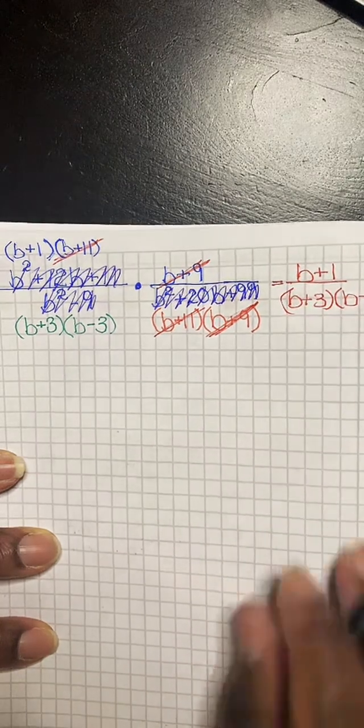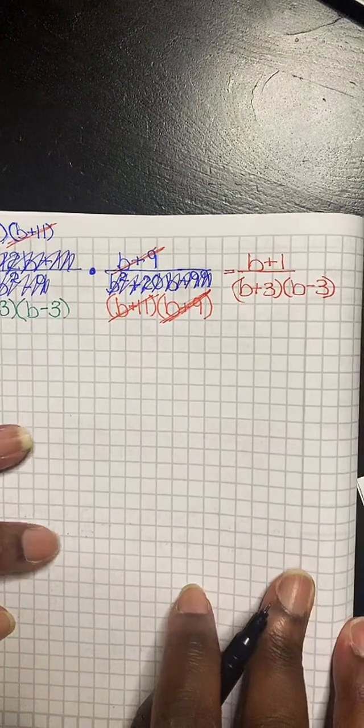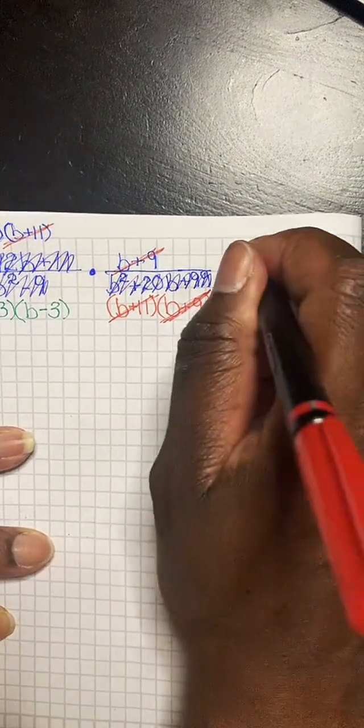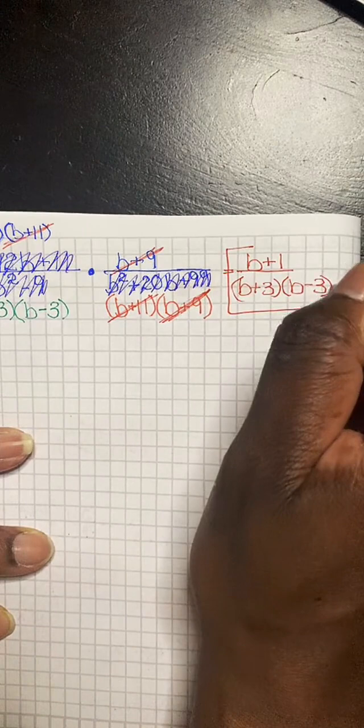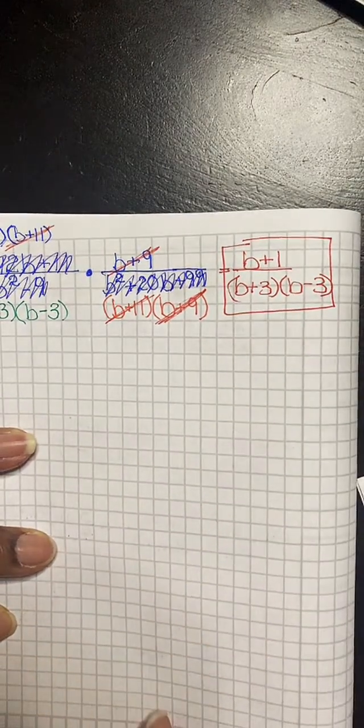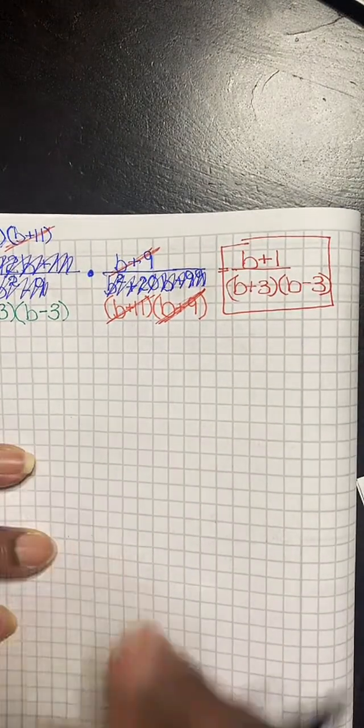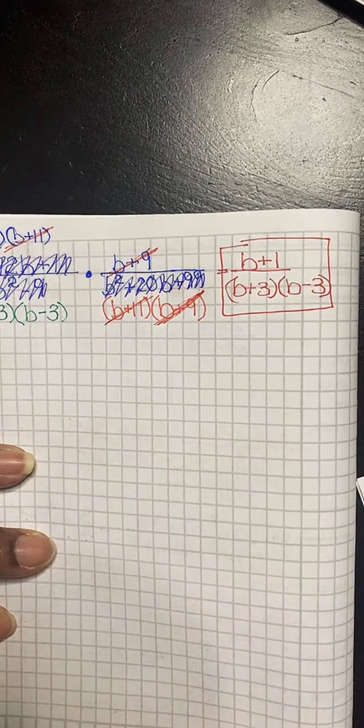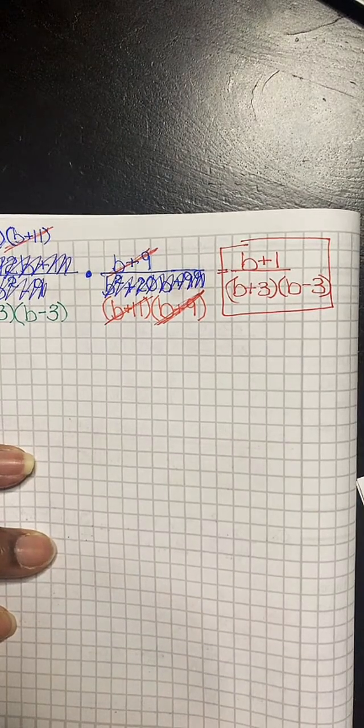I know it's going to be so tempting just to say b squared minus 9. I know. But I can tell you in most tests, they're going to break it down to its simplest form. They always do. Even though it would be easier just for you to leave with the b squared minus 9. Okay. Got it right. Woohoo!